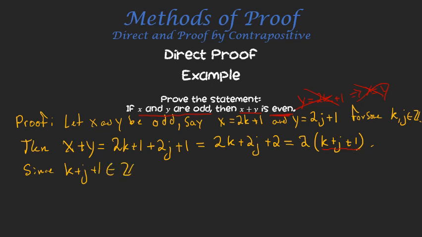If k and j are integers, their sum is an integer, and then I add 1 to that, that'll still be an integer. Again, this is more of an obvious statement that we don't really need to prove separately. It's okay just to use that. It's not too much of a logical leap. Since it's an integer, it follows that x plus y is even.